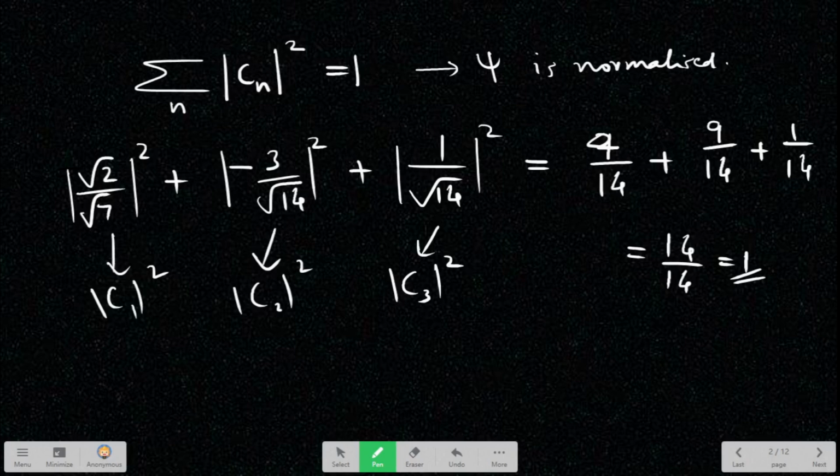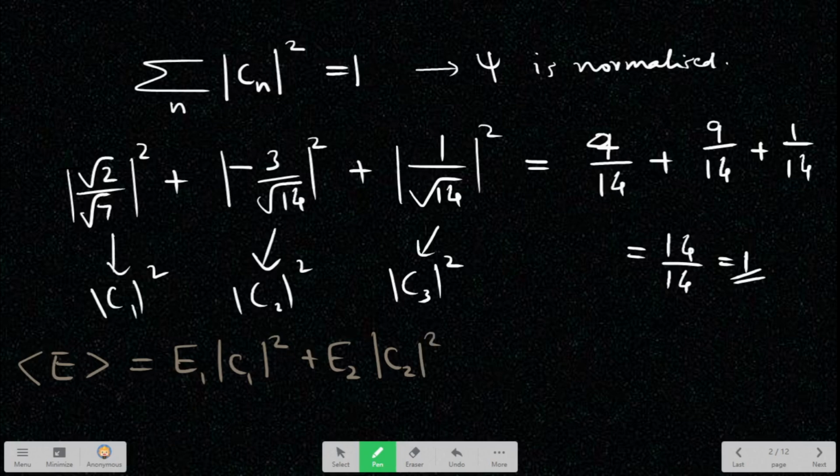So let's find out the expectation value of E. Expectation value of E is equal to E1 C1 mod square plus E2 C2 mod square plus E3 C3 mod square. So E1, E2 and E3 are the eigenvalues of energy operator.